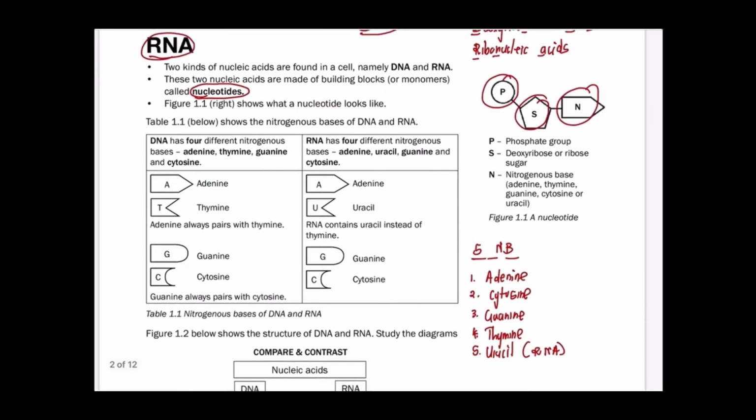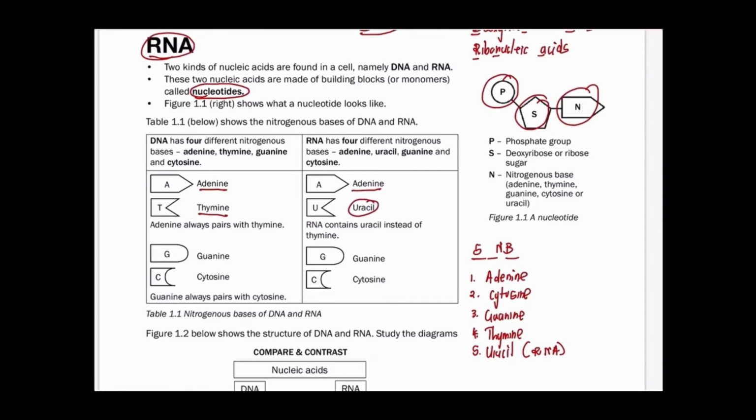So in terms of nitrogenous bases, there are also differences between DNA and RNA. In DNA you have adenine, and in RNA you also have adenine, which is similar. And then in DNA you have thymine, but instead of thymine in RNA you have uracil.